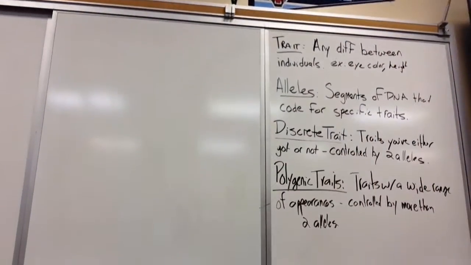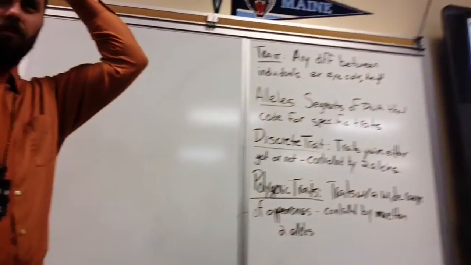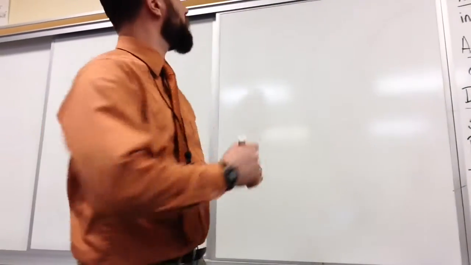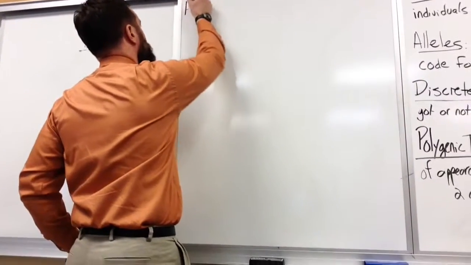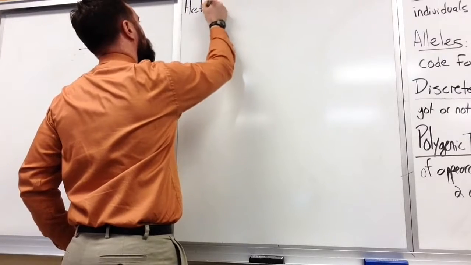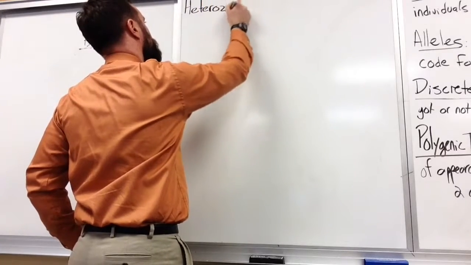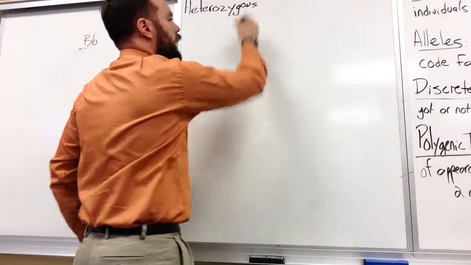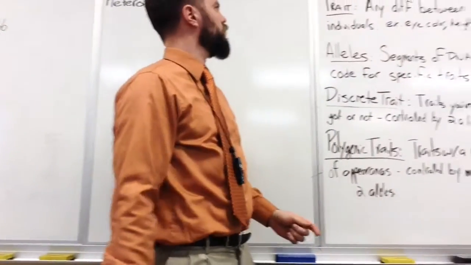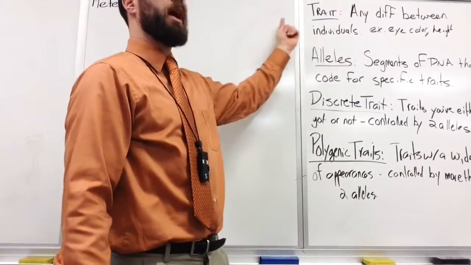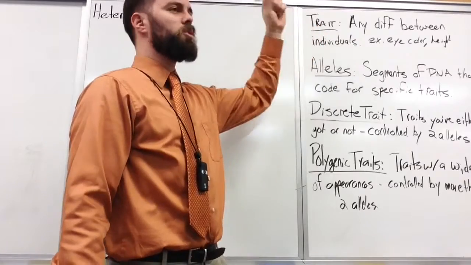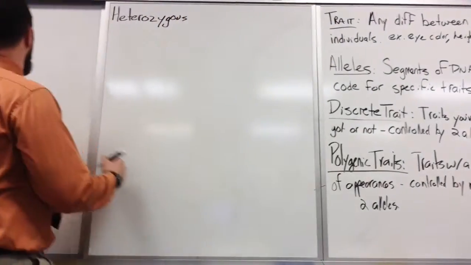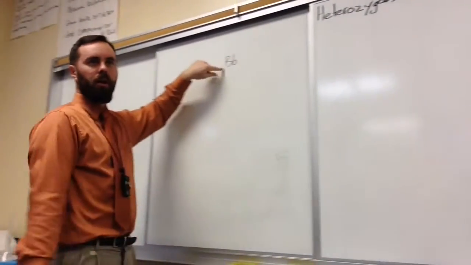Guys, I don't know if you guys did these in middle school, but the next one we'll do, the prefix for it is hetero. Do you know what the prefix hetero means? Yep, different. So the word is heterozygous. And what we're referring to here, when we talk about this, you can be heterozygous for a trait, which would mean like you're this, a capital and a lowercase for a trait.